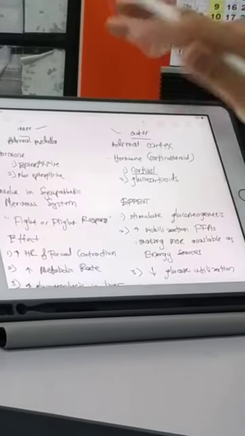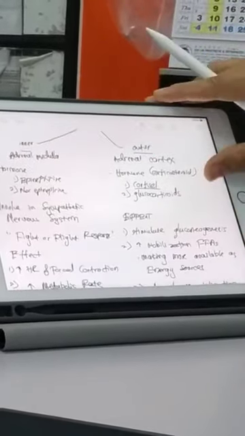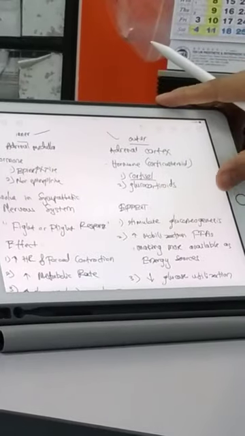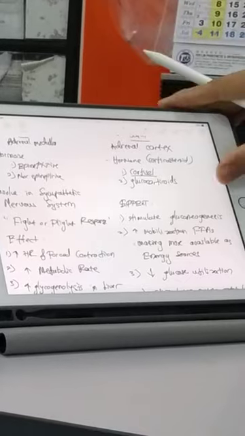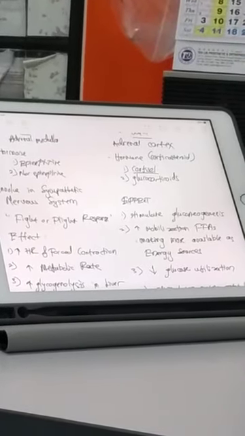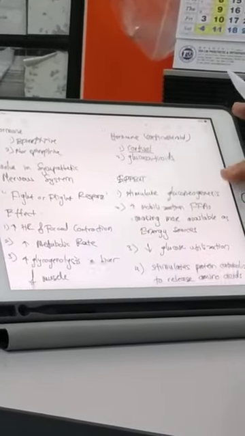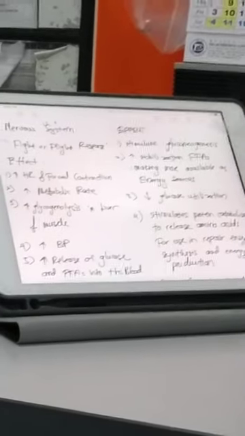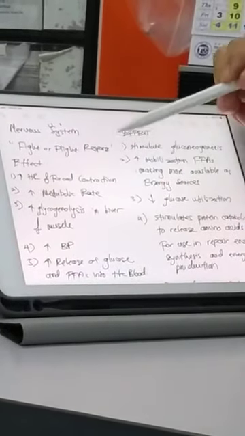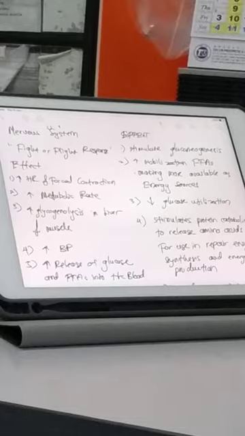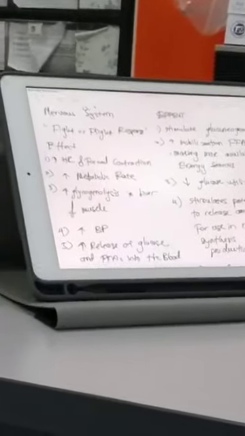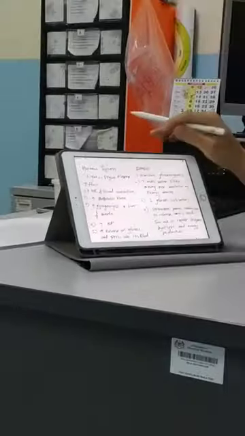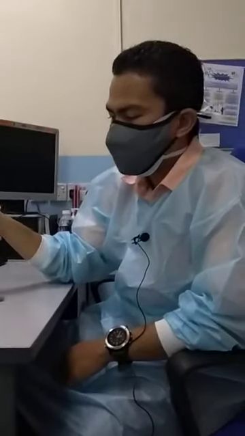We focus on the adrenal medulla first. It is usually involved in the sympathetic nervous system, which produces the fight or flight response in our body. Its effects are that it can increase the heart rate and force of contraction of the muscle, increase the basal metabolic rate in our body, and increase glycogenolysis in the liver and muscle.